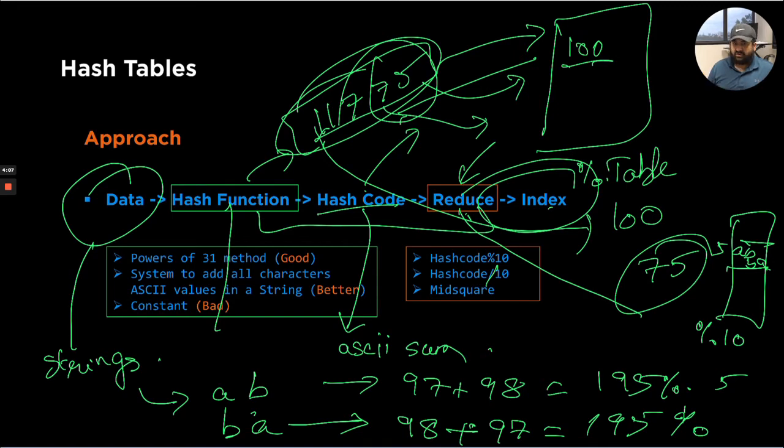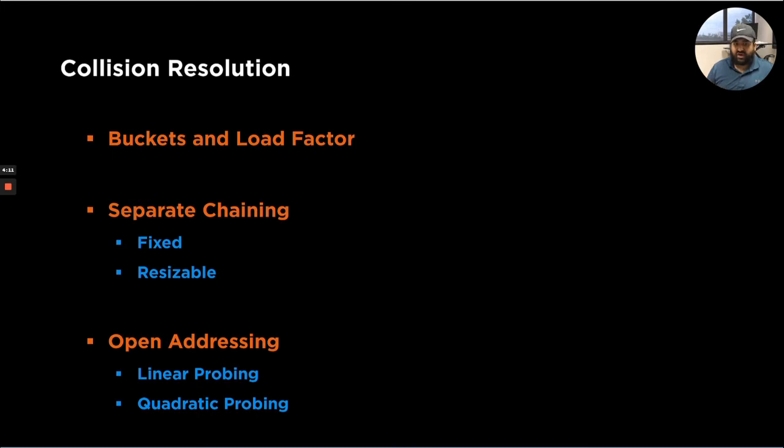Now what do we do? That is where collision resolution strategies come into play. Before we go into those, you need to understand two different metrics. The first one is buckets.